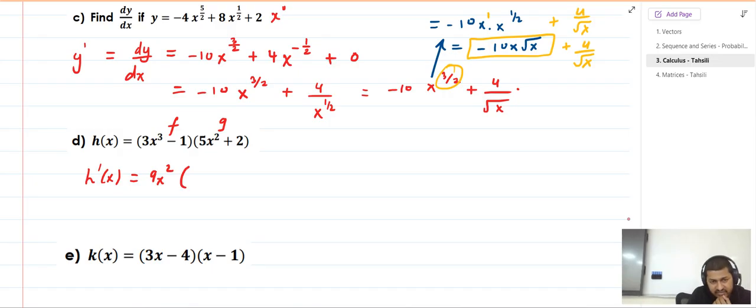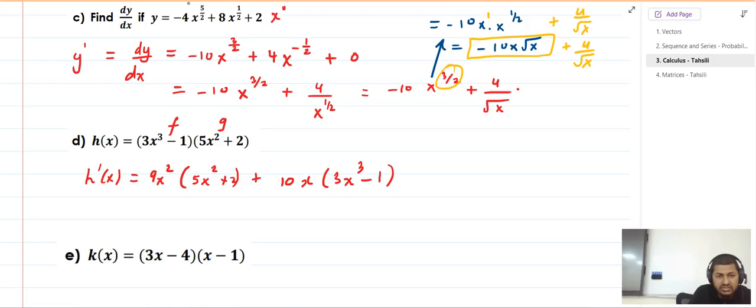Leave the second function, which is 5x squared plus 2, plus find the derivative of the second function, which is 10x, and leave the first, which is 3x cubed minus 1. So differentiate first, leave the second, plus differentiate the second, leave the first.